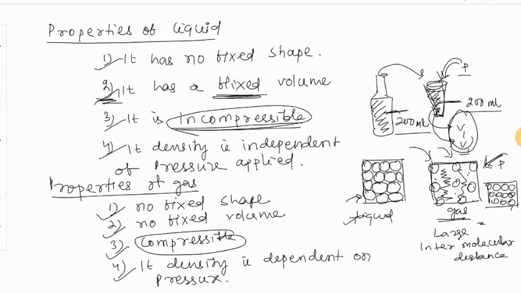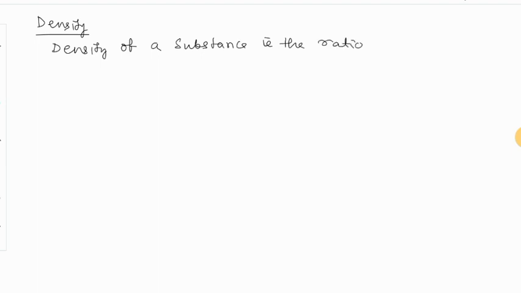Now, one topic we are discussing more over here is density. What is density then? Density of a substance is the ratio of its mass and its volume.